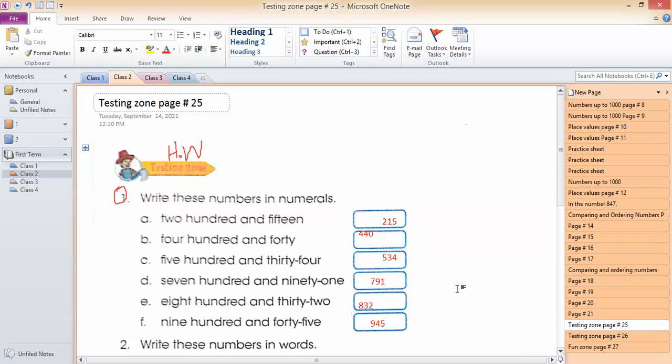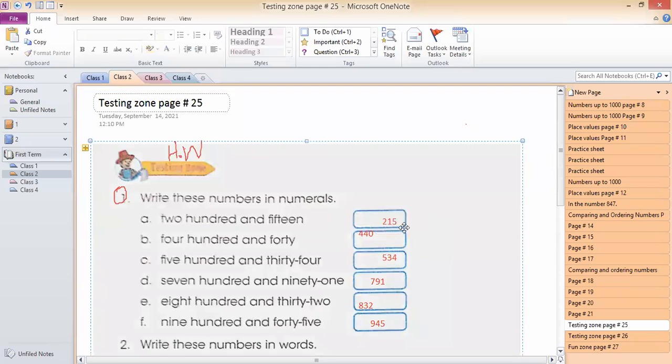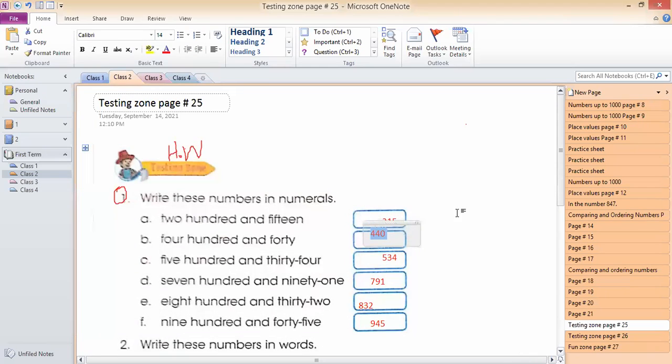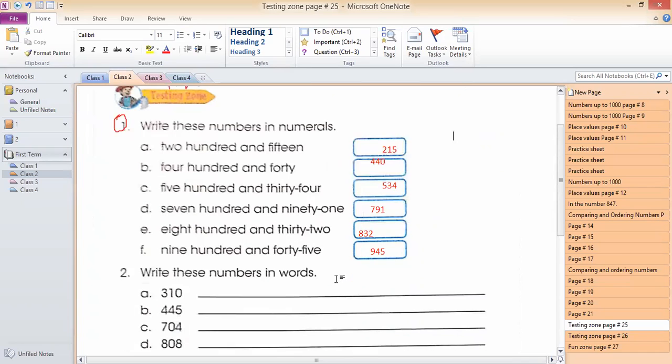This is the answer. 215, 440, 534, 791, 832, and 945. Check your answers, guys. Check my answers as well. All are correct? Correct.